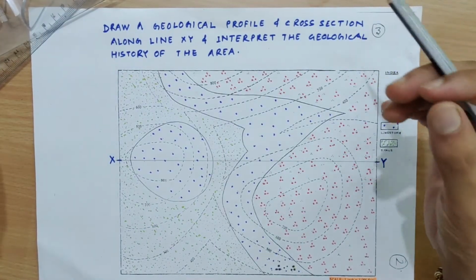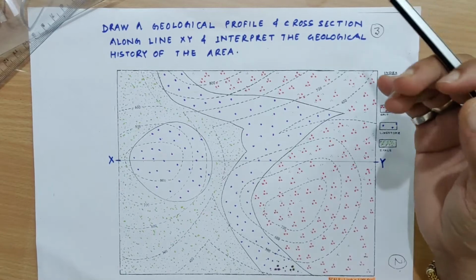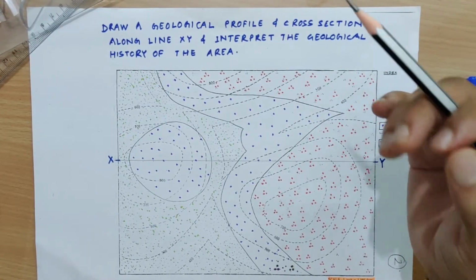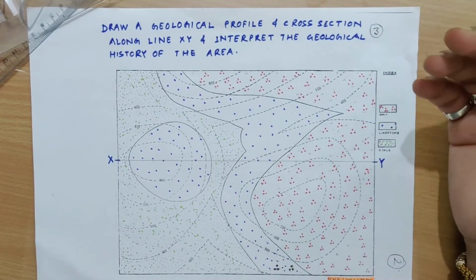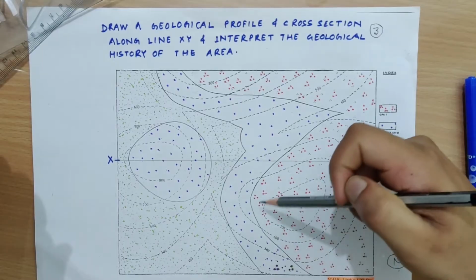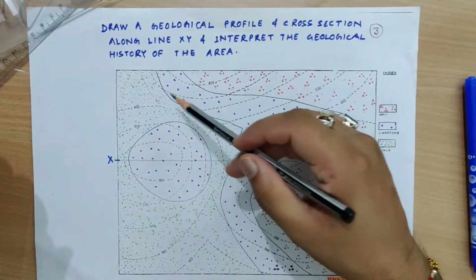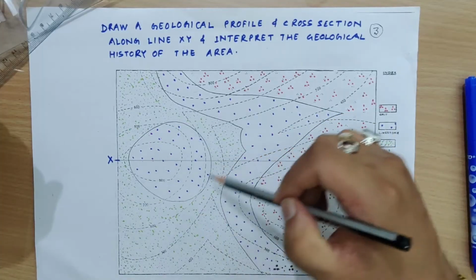Another thing we need to know, apart from topography, is the structure of the area. So let's try to know what structures are present in this particular area. We can see 1 trace, 2 trace and 3 trace over here.